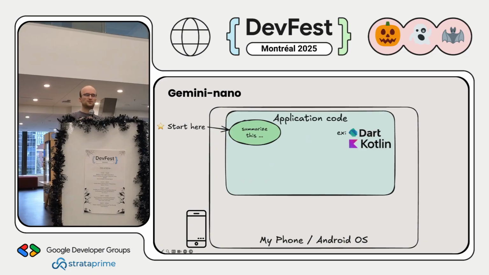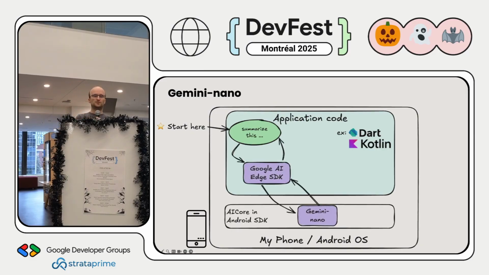If we compare to Gemini Nano, for example, you would do the same application code, have the same type of request, but then you would use the Google AI Edge SDK, which is just a pub.dev package, and it would stay on device, reaching into AI Core that's installed on all the Android devices that support it, which is Pixel 9, 10, and the Samsung S25 series.